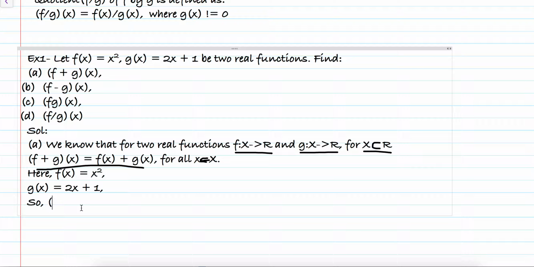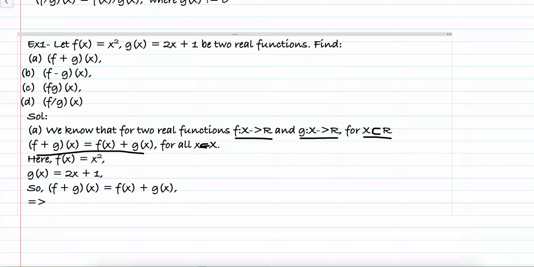So (f plus g)(x) is equal to f(x) plus g(x), or (f plus g)(x) equal to x square plus 2x plus 1.